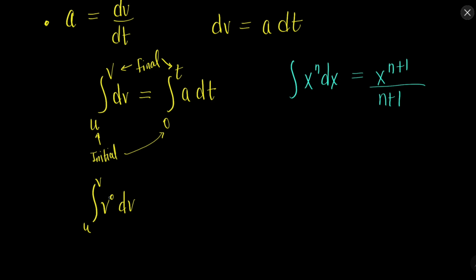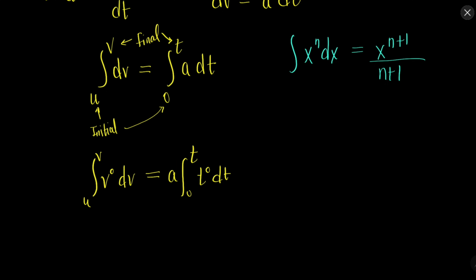Similarly here a is constant, so it will come out. Remember we are doing it for the case of constant acceleration, so the value of a is constant. A constant comes out every time in integration and differentiation. Now again, t to the power 0 dt, same as v to the power 0. Why t? Because here we are integrating with respect to time.